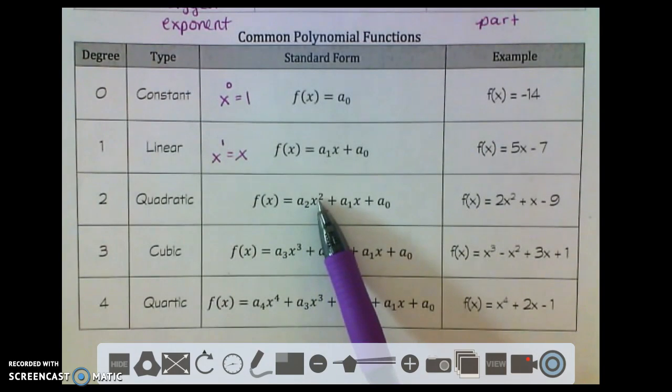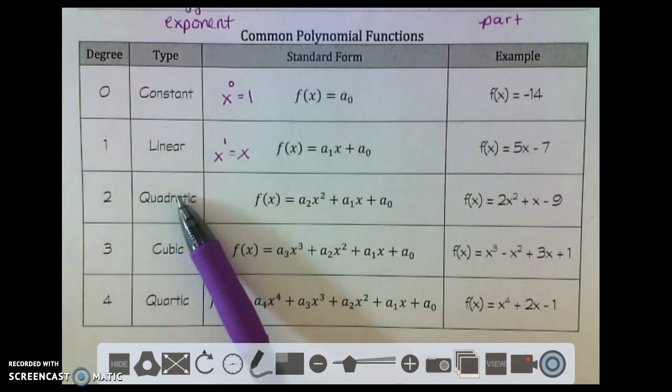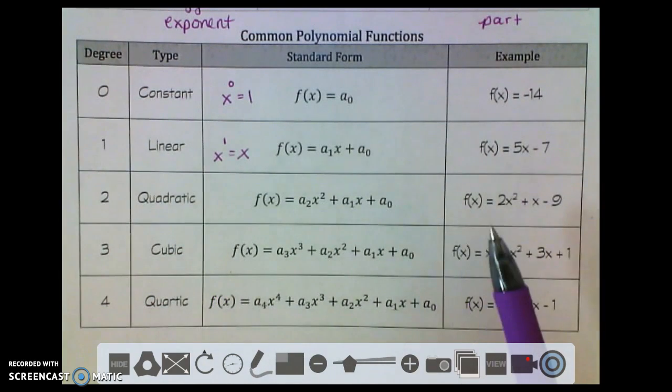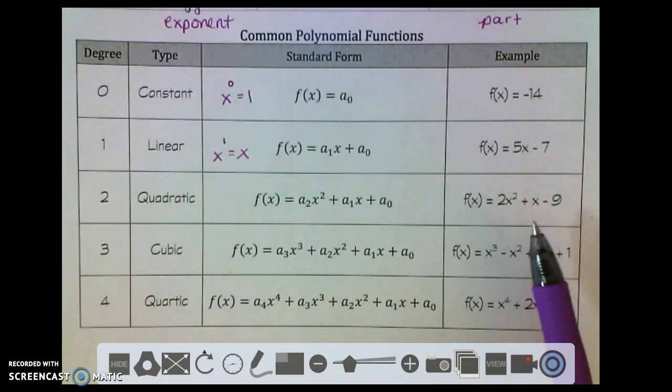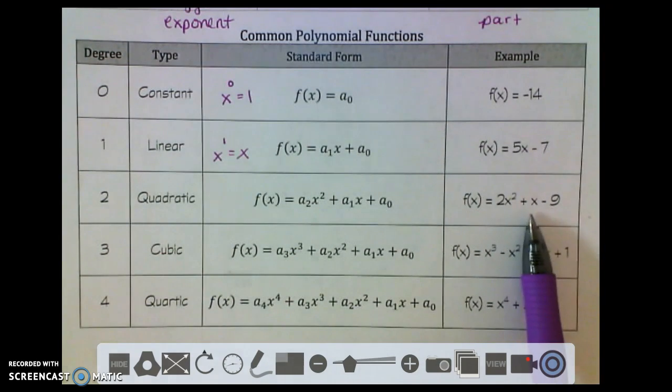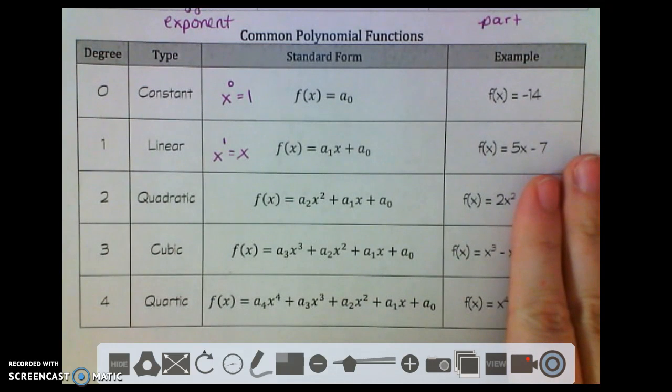Here our highest exponent is 2, so we have a second degree polynomial, which is called quadratic and might look like this. f of x equals 2x squared plus x minus 9. You don't have to have the x term. You don't have to have the constant term. This by itself, f of x equals 2x squared, is still a quadratic equation. It's still a quadratic formula or function.